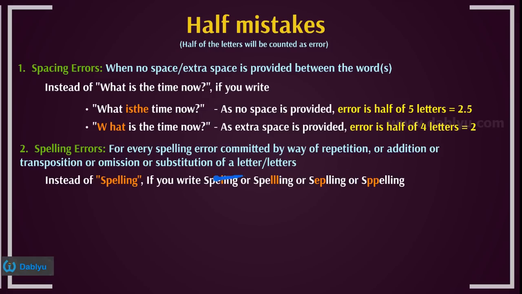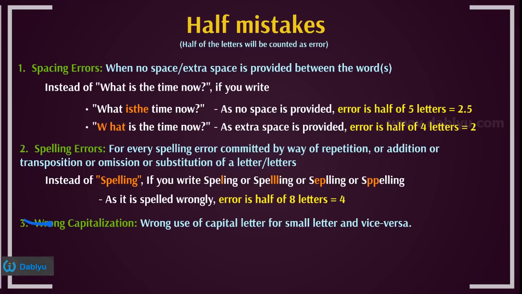Whatever the spelling mistake might be, it will again be considered as half mistake. As spelling contains 8 letters, the error is half of 8 letters, that is 4. So here the error is 4, right? This is the second case where half mistake will be considered because it's a spelling mistake.